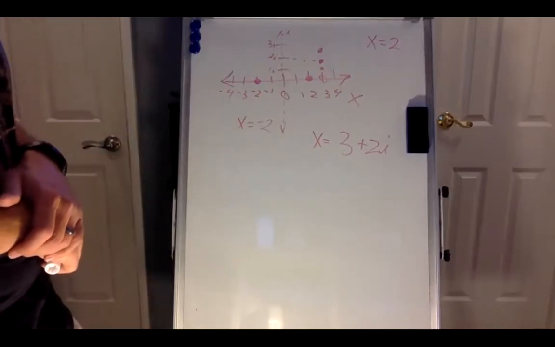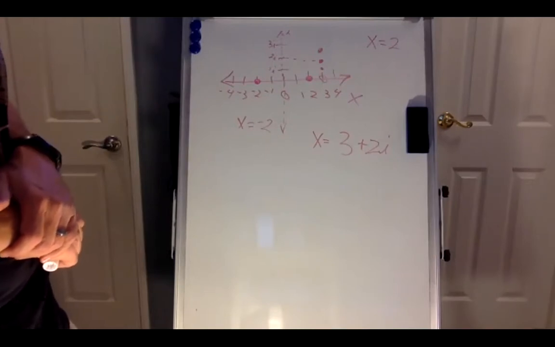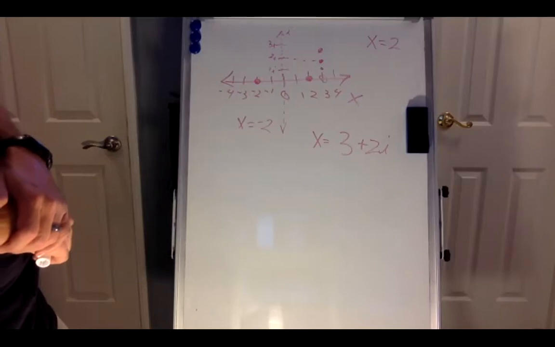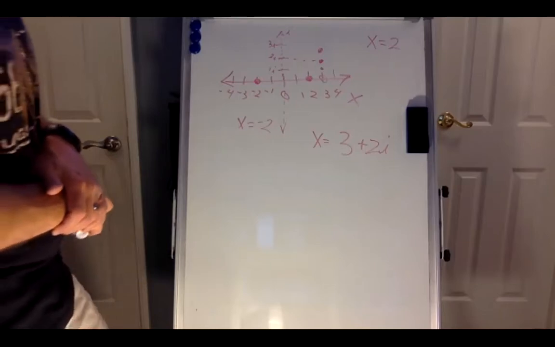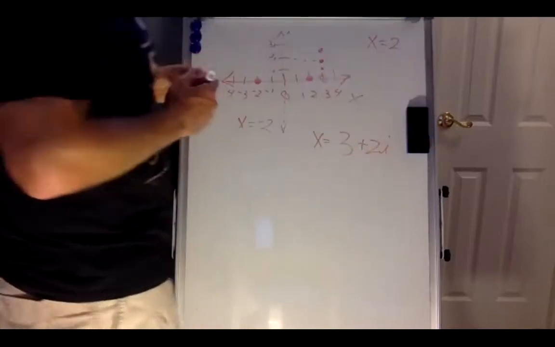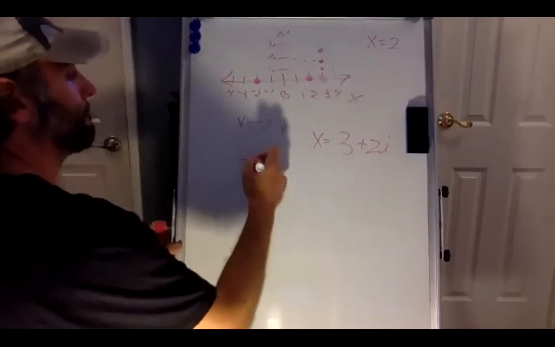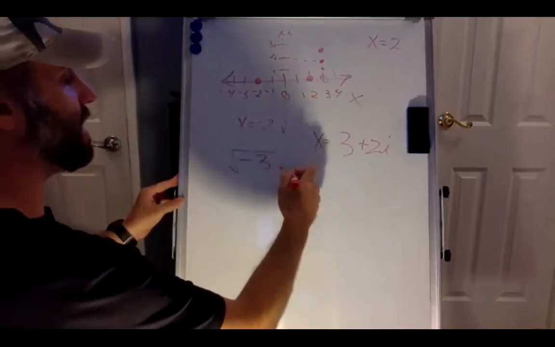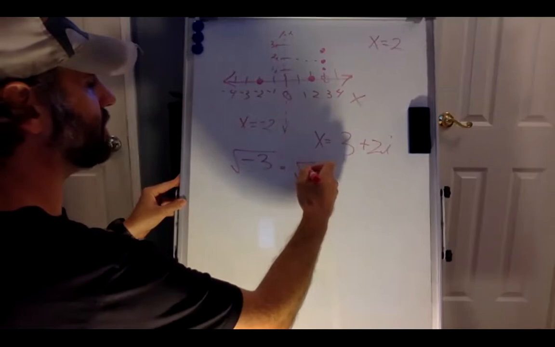Also, just to be sure, when you square root a negative number, but it's not a perfect square, would you simplify it? Yeah, you can do this. Write it as two separate ones.